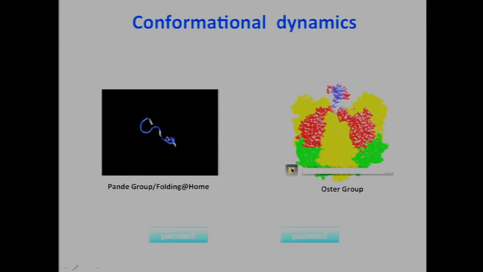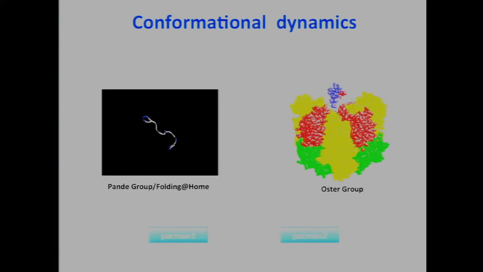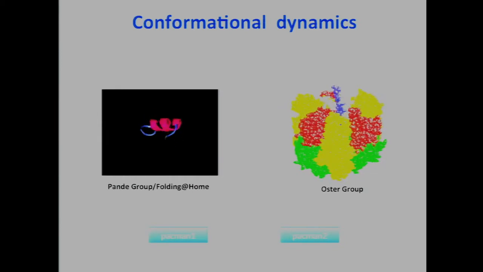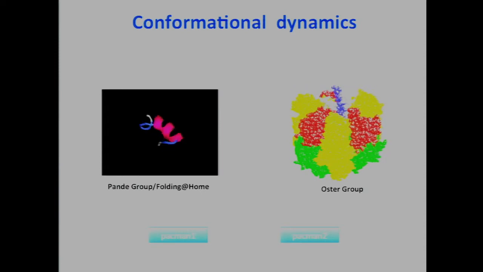This is, for example, the folding of a protein. This is the actual motion within the enzyme F1, F0 ATPase. It's a rotary motor. And by taking the idea that we can now measure distances and changes of conformation as a function of time, we can actually go and do specific chemistries.